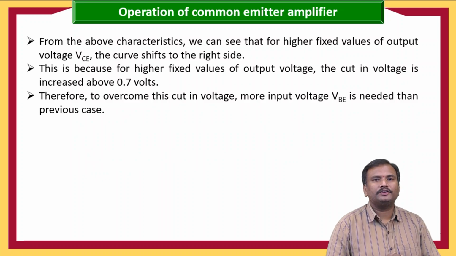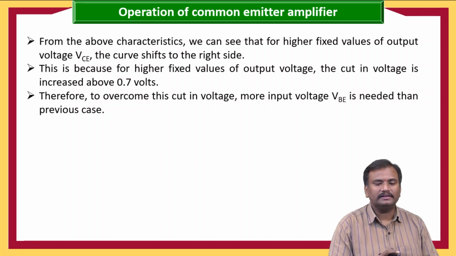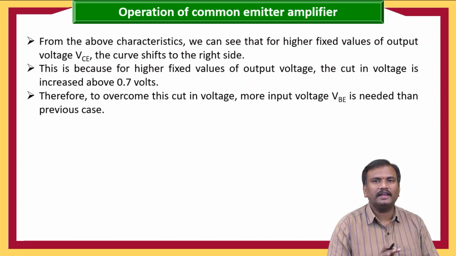So when we are changing the VCE value, the curve is shifting towards the right side. This is because of high fixed values of output voltage. The cut-in voltage is increased above the 0.7.